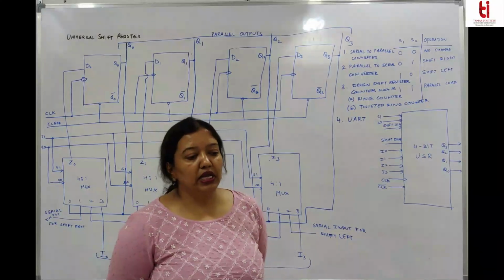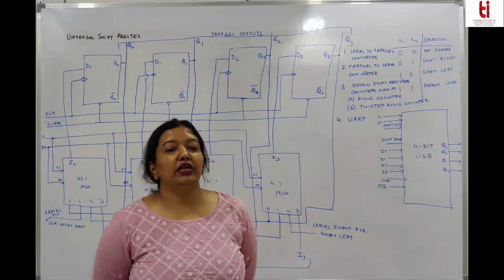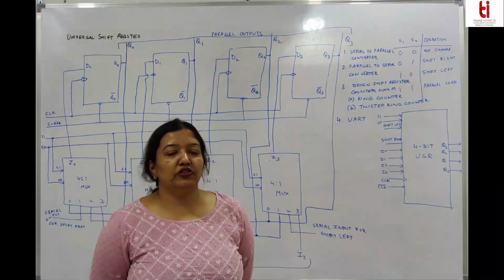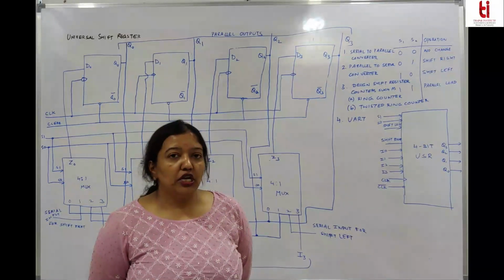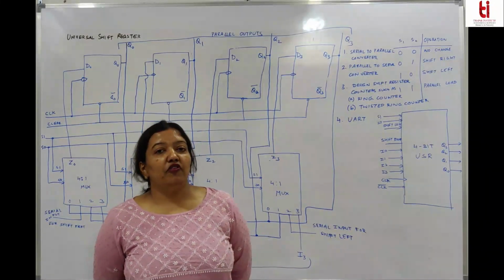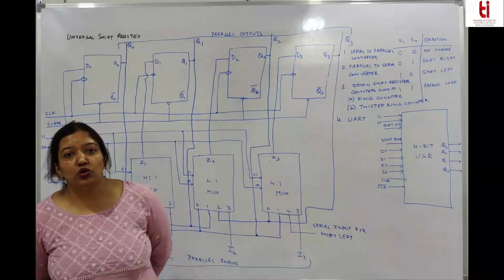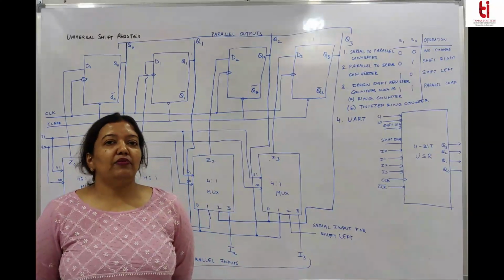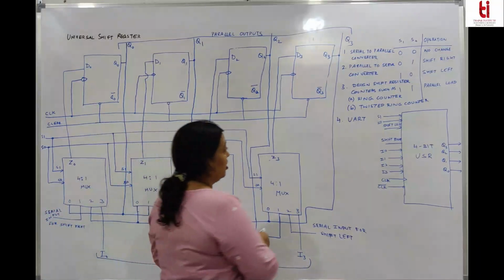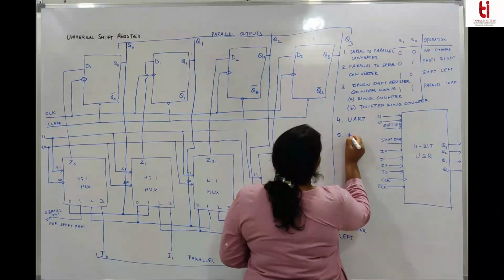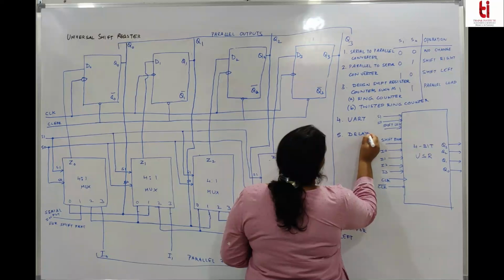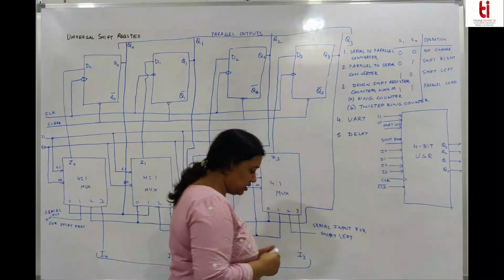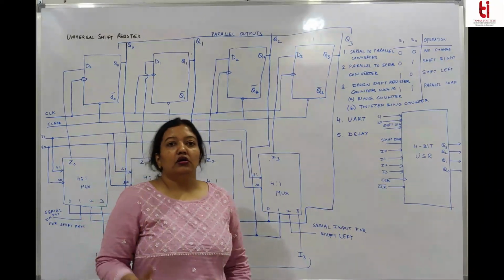So these are the applications of shift registers, which are very important. You should know them if somebody asks where you use shift registers. Generally you know that a D flip-flop only stores the data and gives you the same data after some delay. So another most important application is the delay. Shift registers give a delay to your signal.